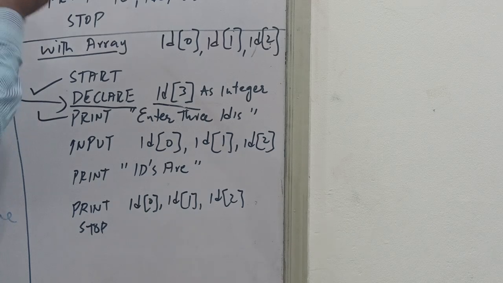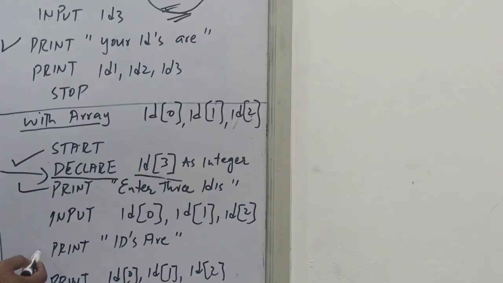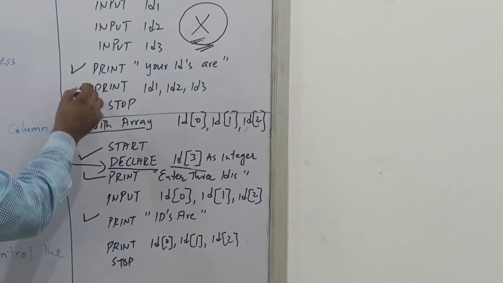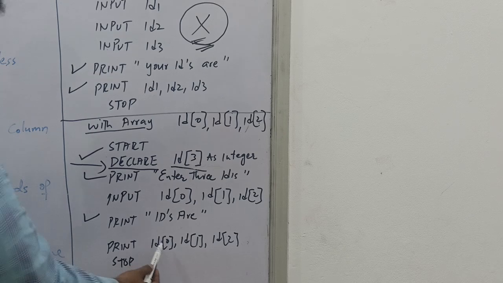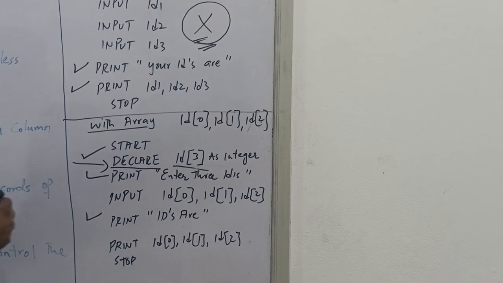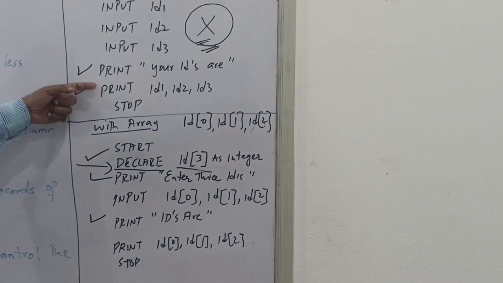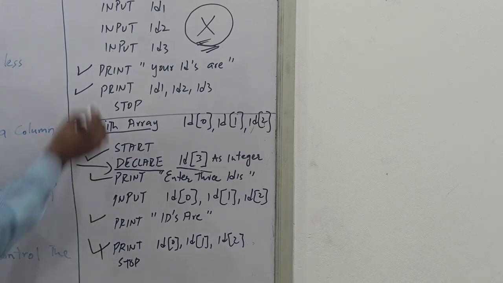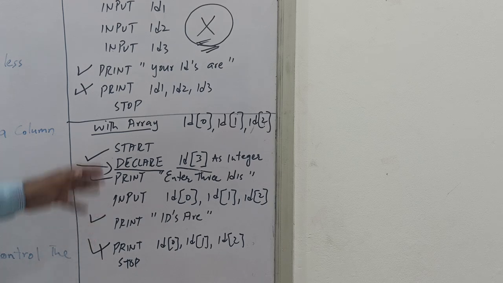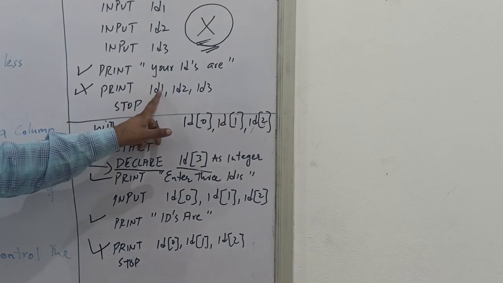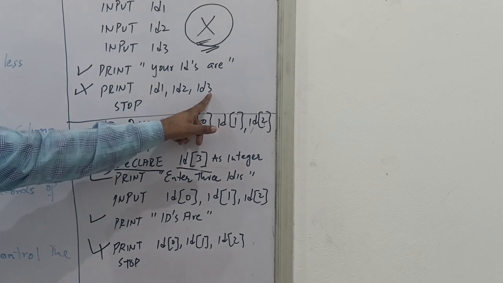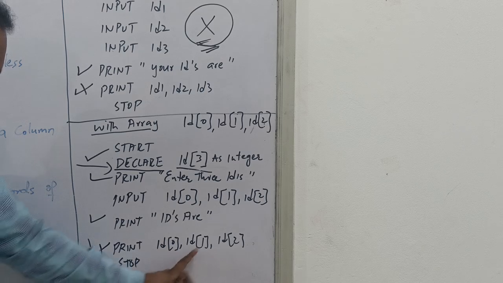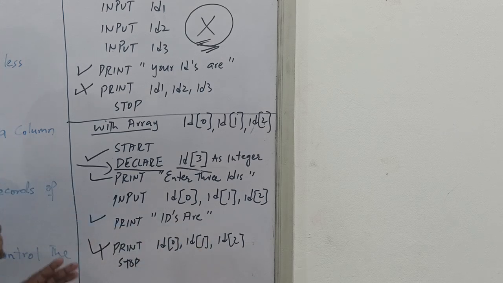And similarly, when you want to print them, your IDs are, again you will write print id 0, id 1 and id 2. Let's compare these two print lines, this one and this one. The difference you can see is there are no brackets here, but here we have a set of brackets with each of the variables.